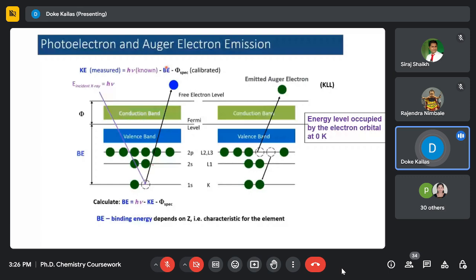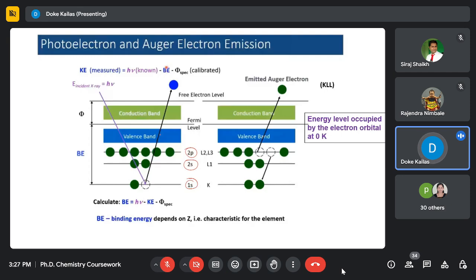a photoelectron is ejected from the system. So this is at the electronic configuration level. This is a core shell electron, 1s2, 2s2, 2p6. Next, in the material, there is the valence band. Then there is a level which is called the Fermi level.